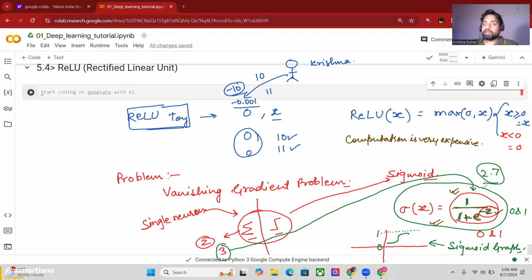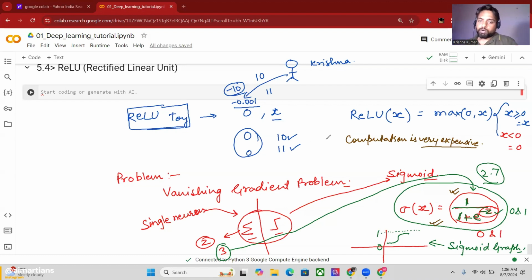So it will do a lot of computation, and that's why it becomes very expensive computation-wise. It will overload our RAM and our memory, and in a few cases our process may stop working, or the kernel of Google Colab or Jupyter may stop working, and we will not get the output of our trained model. So this is very expensive.